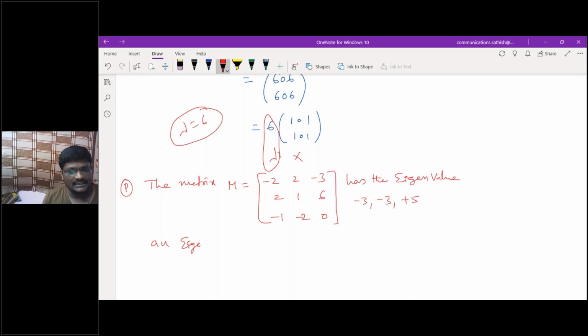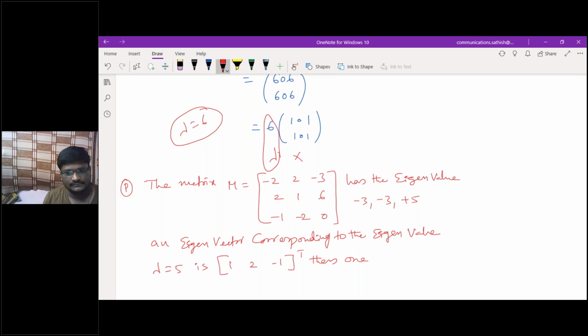An eigenvector corresponding to the eigenvalue lambda equal to 5 is (1, 2, -1) transpose.